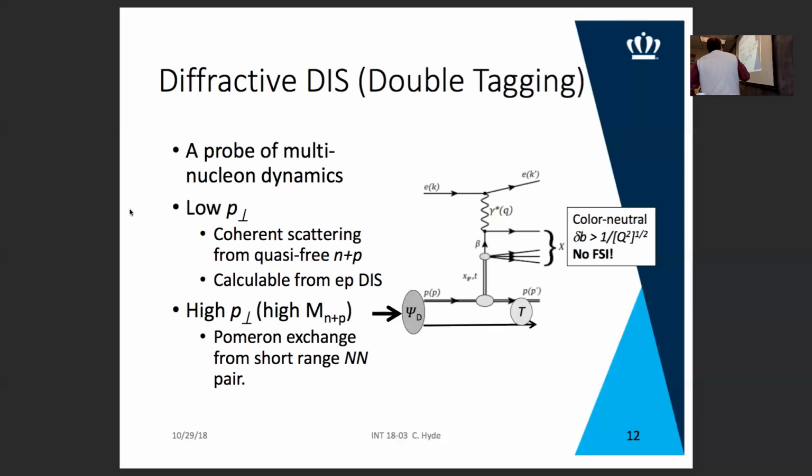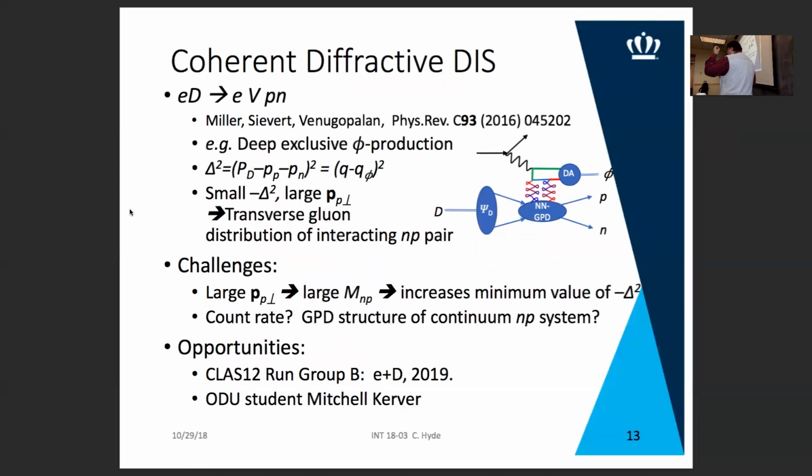So when the mass is large on the scale of the deuteron binding, or PT is a few hundred MeV/c, then you're to a large extent constraining this to be a short distance interaction, and therefore this is seeing something which is not just the incoherent sum of two nucleons, but it's seeing the nucleons as they're close together. So this is starting to probe more directly the quark-gluon dynamics of a small object of two or more nucleons.